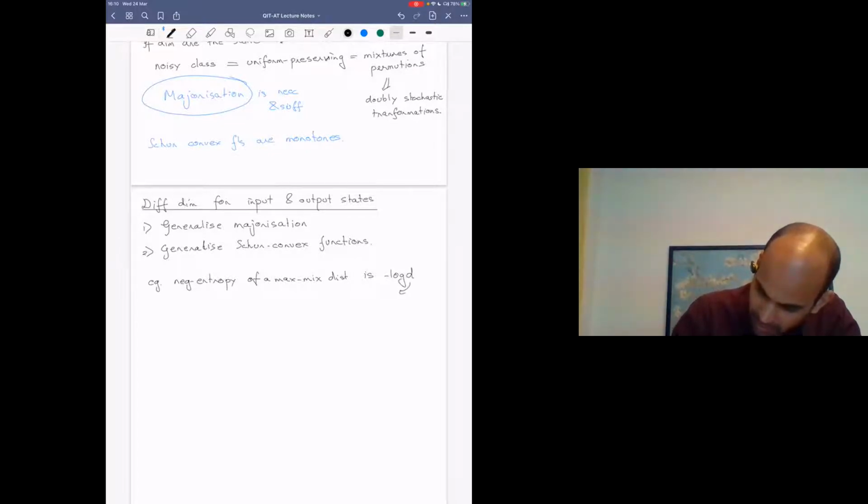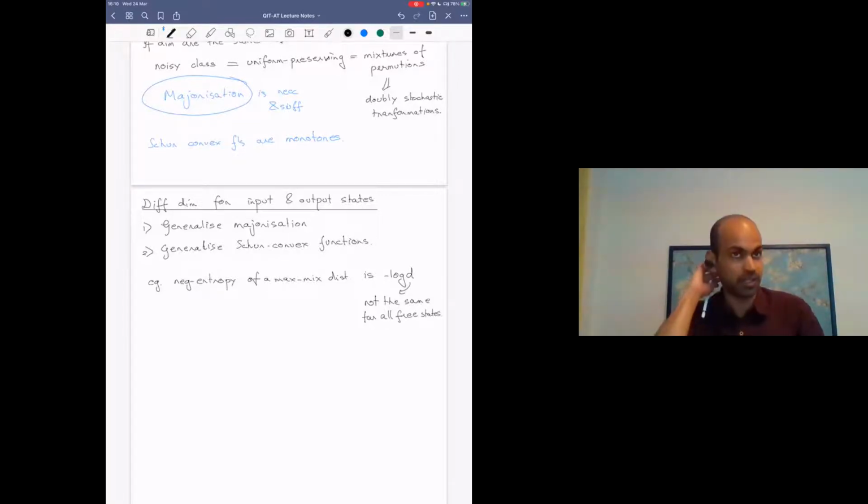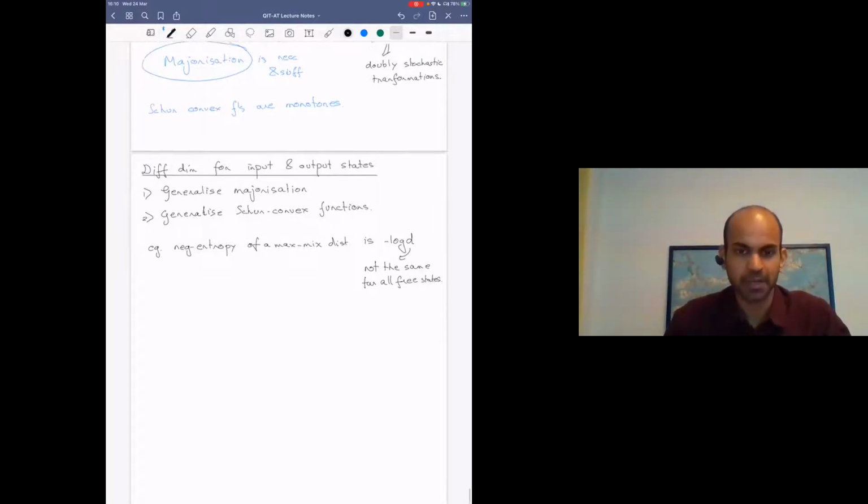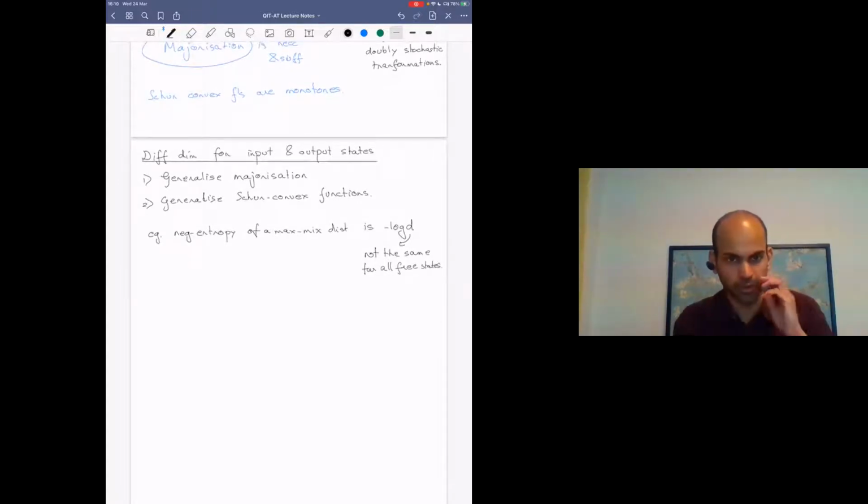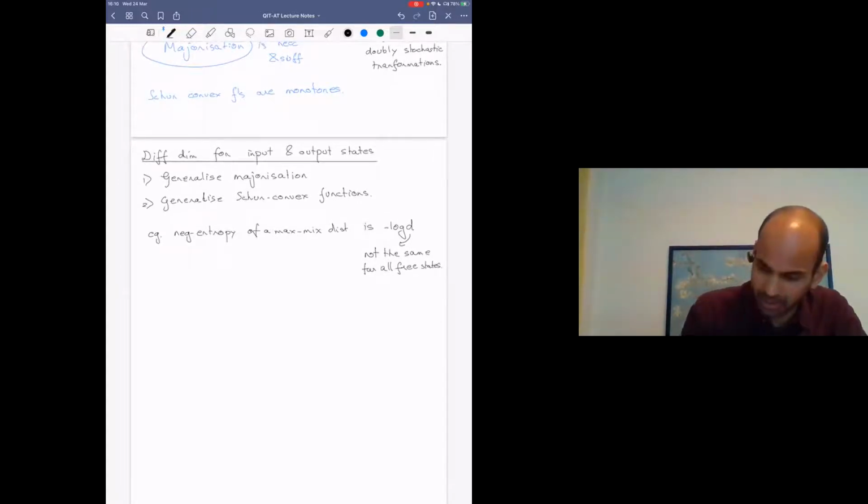But this is not the same for all free states, because we know that in the case of noisy classical operations, I can always go to any maximally mixed distribution. So if there is a monotone, all of those states in the set of free states must have the same value for that monotone. So the negative of the entropy cannot be a monotone.